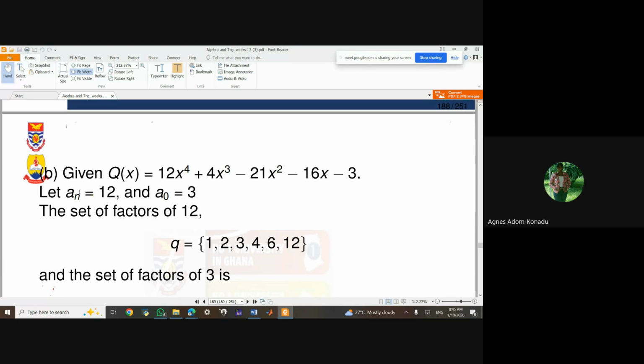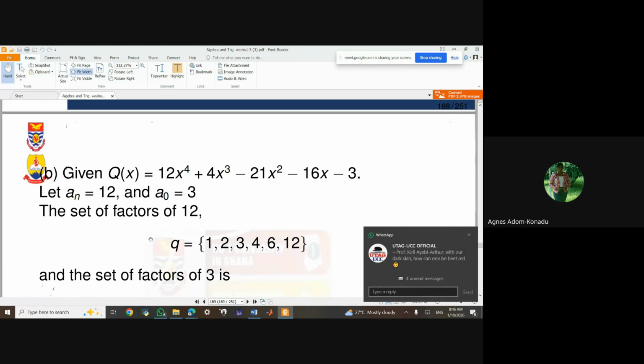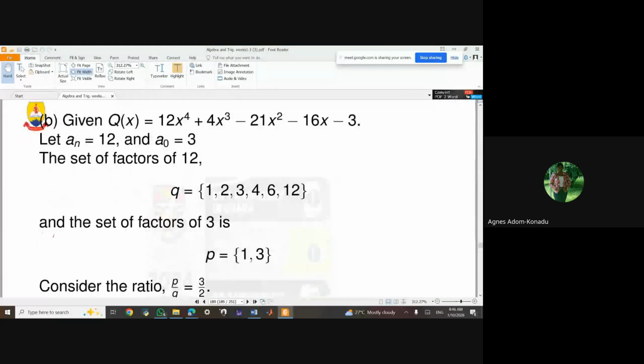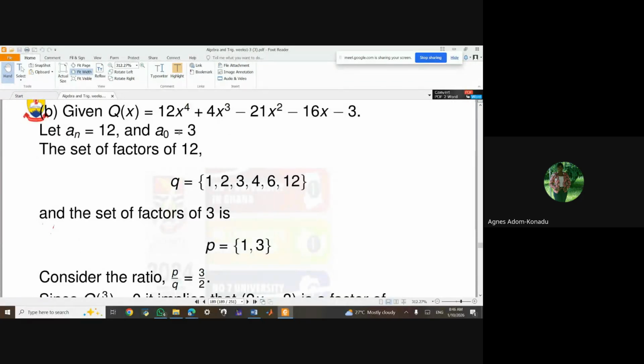So I find the factors of 12, which is my q. The factors of 12 are 1, 2, 3, 4, 6, and 12. Then I find the factors of a naught, which is 1 and 3. And it says that I should find p over q.